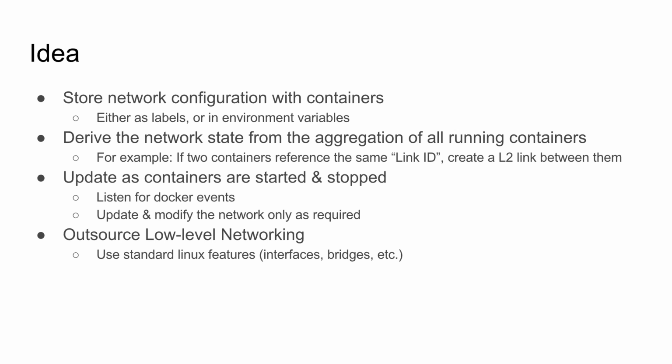The network only has to be changed when the containers are started and stopped. And the last piece is that I didn't want to take responsibility for the actual functioning of the network. I don't want to be passing packets. I want to outsource that to something else. In this case, it's being outsourced all the way down to Linux networking.